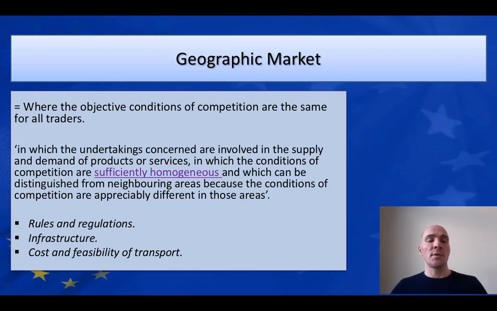There you might have certain exceptions based on, as I said before, it might be difficult to transport huge industrial machines, for example, in mountainous areas, might make the market smaller. Cost and feasibility of transport, that's also linked to that example. So there are some exceptions there, but most of the time it's the entire EU.